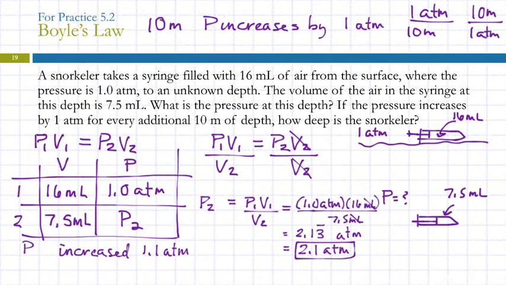So an increase of 1.1 atmospheres, I'd want to put atmospheres on the bottom and meters on top, 10 meters for every 1 atmosphere. And so that ends up being 11 meters. So the snorkeler has descended to 11 meters below the surface. Any questions?